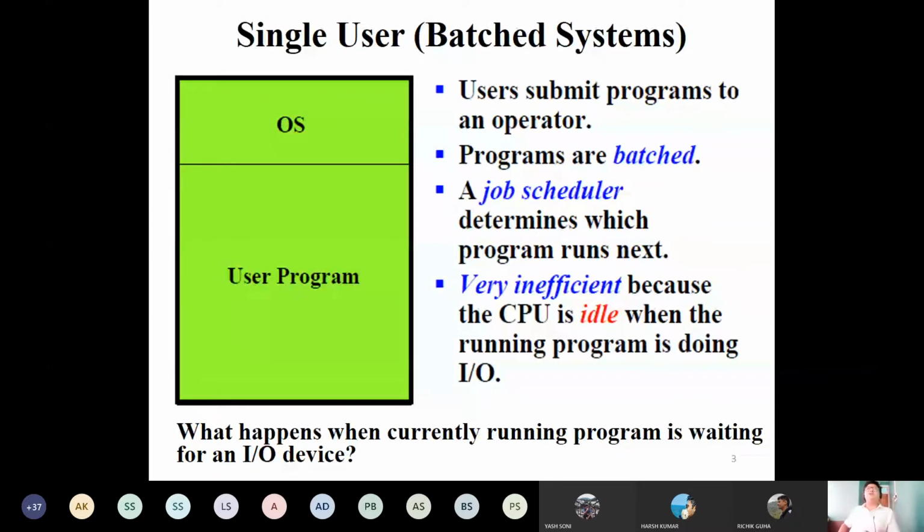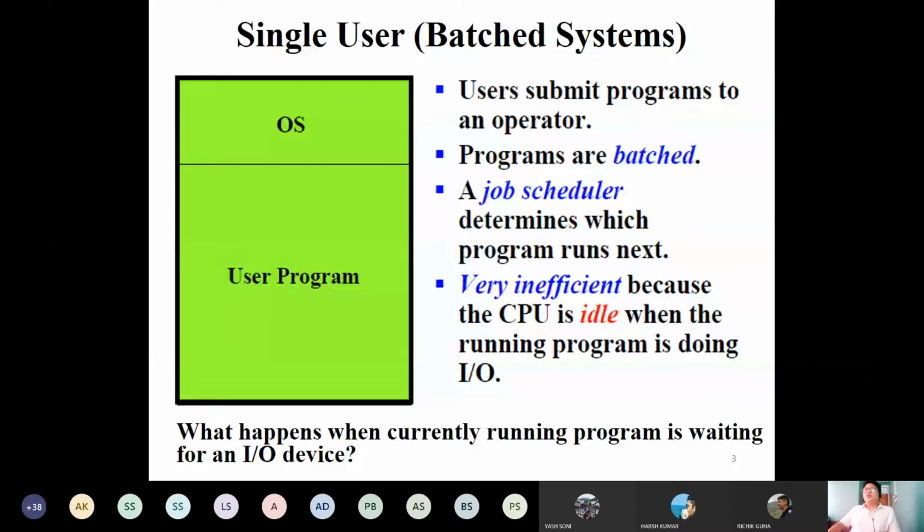Single user system is also known as batch system. Now, why batch system? Because in olden days, very old times, there were a limited number of resources, and the resources had to be utilized efficiently. Now, what are resources? Resources could be a printer, etc. So the printer had to be used efficiently.